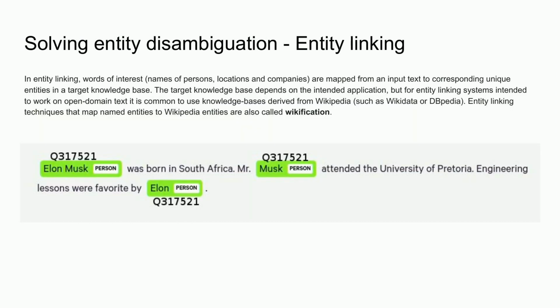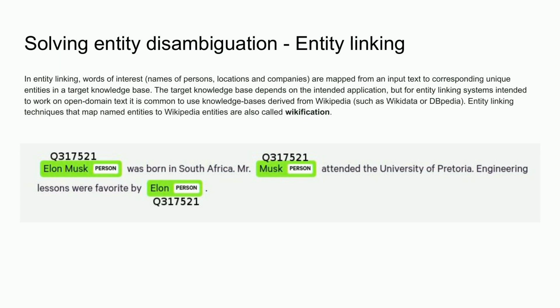So how could we solve the entity disambiguation so that a single real world entity would be represented with a single node in a knowledge graph? That's called entity linking.